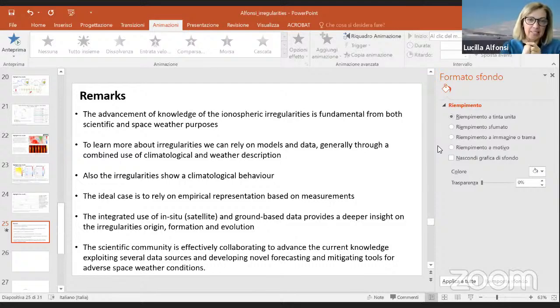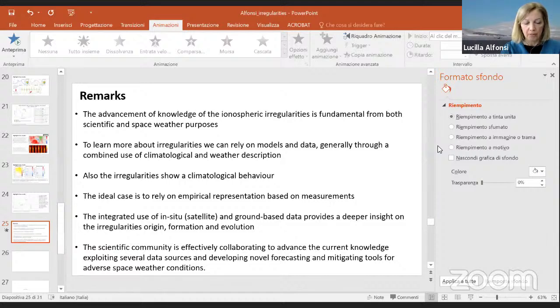It's a very good question, but it's very difficult to answer, in the sense that not all the irregularities remain in the same location for the same time. It depends very often on the geomagnetic condition itself. You can have a sort of stagnation of the ionospheric plasma, in which the same irregularity can be visible for several minutes, also hours.